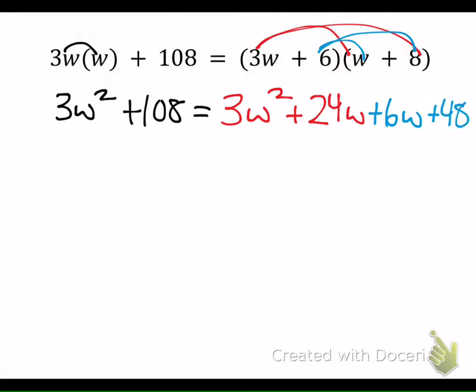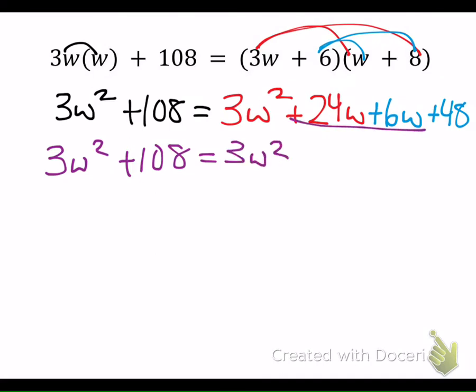All right, I have some like terms that I'm going to collect before I start doing anything else. What is 24W plus 6W? Plus 30W plus 48. Okay. I'm going to pause here so everyone can catch up.